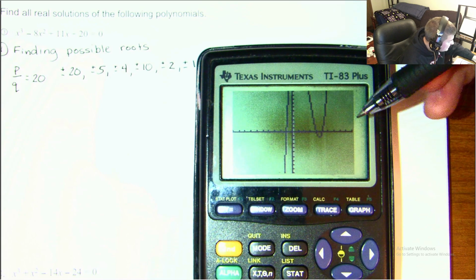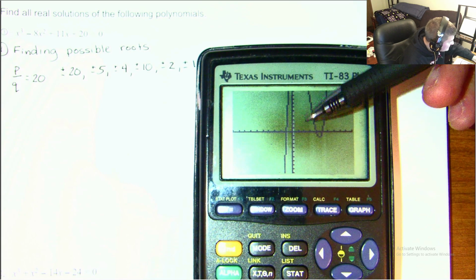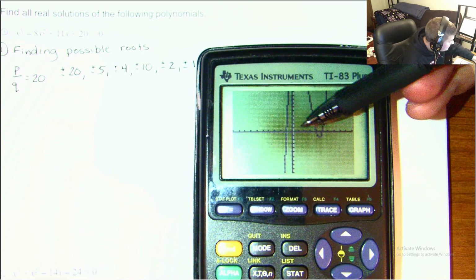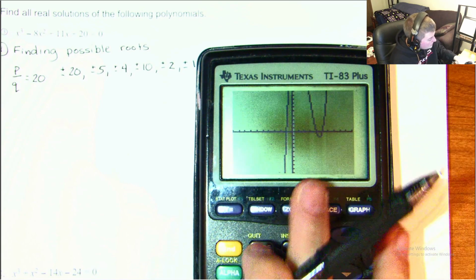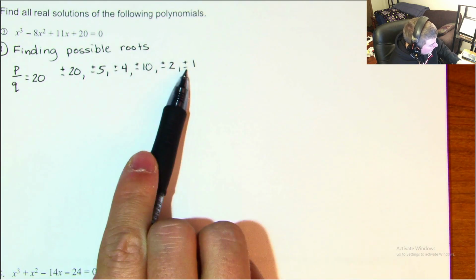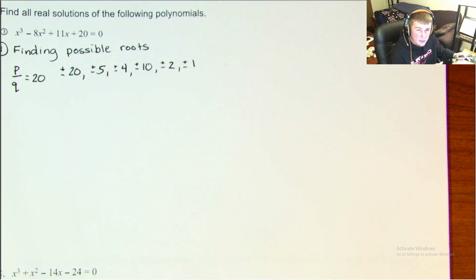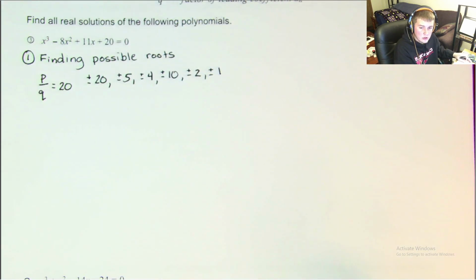Okay, so what we can do is pick one of these. Well, -1, 4, and 5, those are all possible roots. So that's a pretty good indicator that those are going to work.